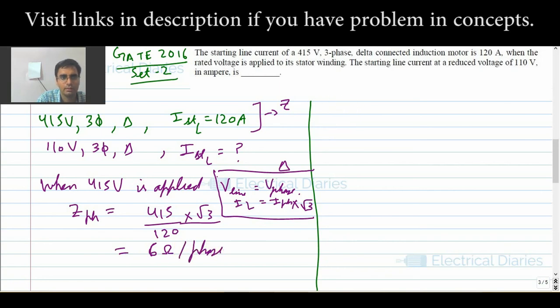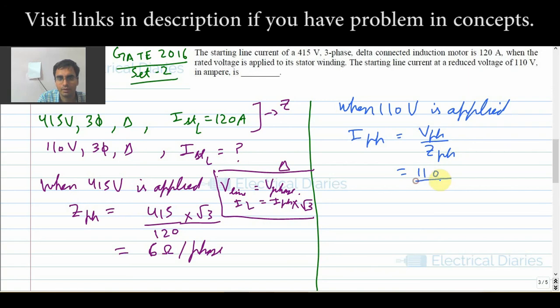Now 110 volts is applied. You can find out I phase by using V phase by Z phase. V phase this time is 110, Z phase is 6. So 110 divided by 6 is 18.33.